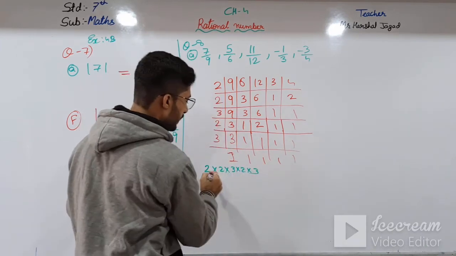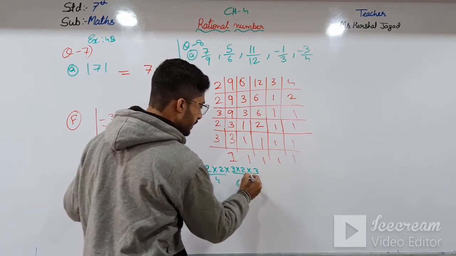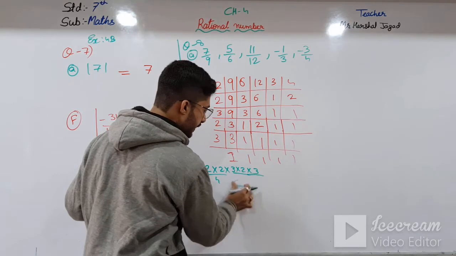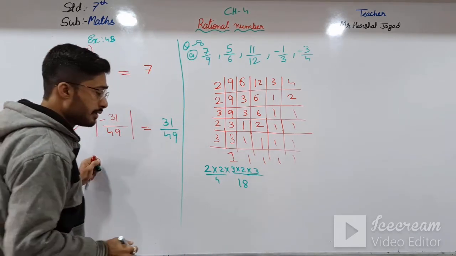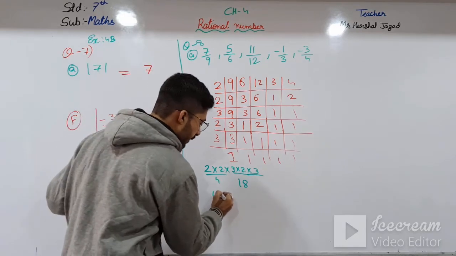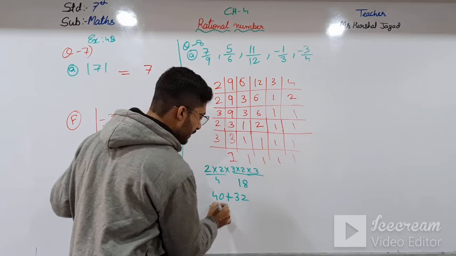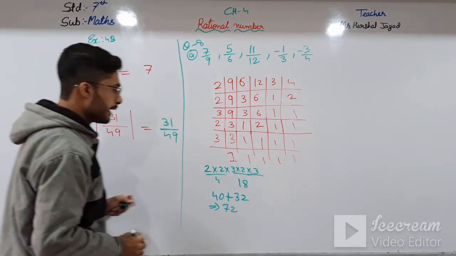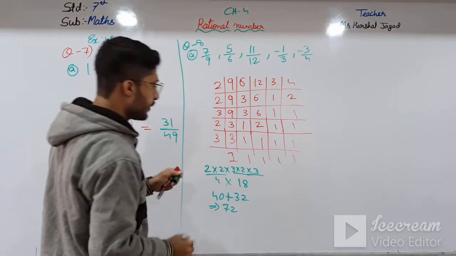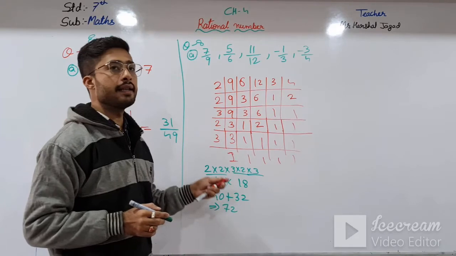Here 2 2s are 4, 3 2s are 6, 6 3s are 18. 18 4s are 72. So the LCM of these is 72.